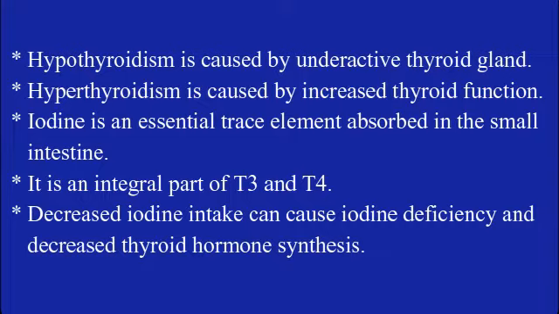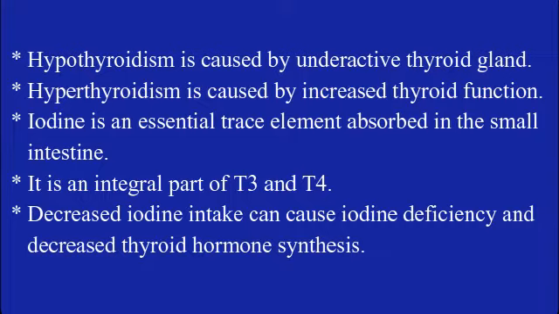Iodine is an essential trace element which gets absorbed in the small intestines, and it is an integral part of both T3 and T4 hormones. Decreased iodine intake can cause iodine deficiency and decreased thyroid hormone synthesis.